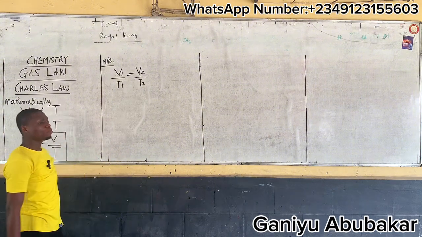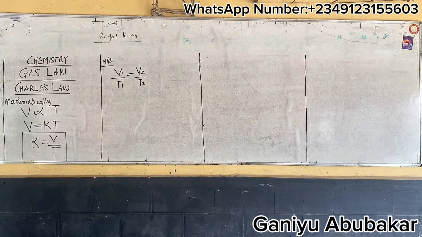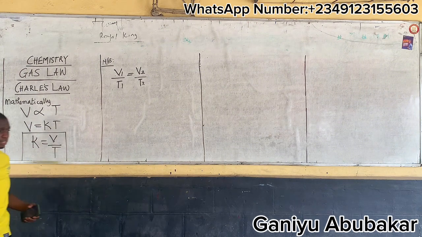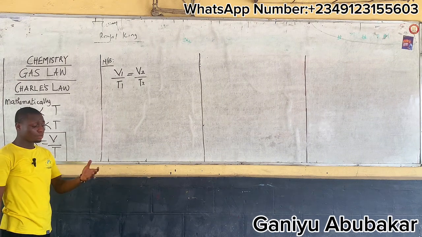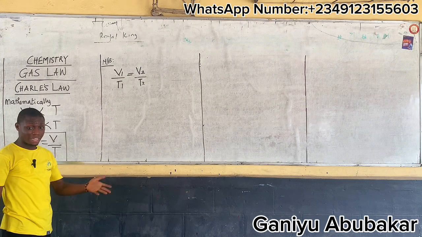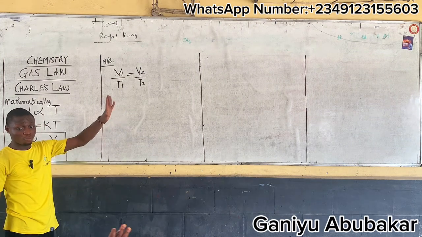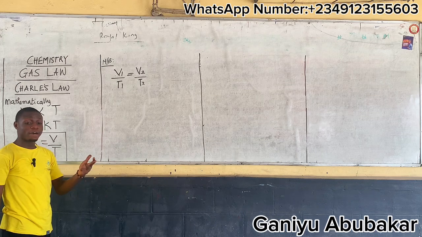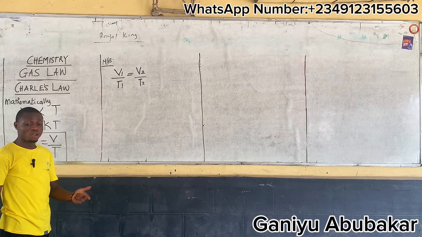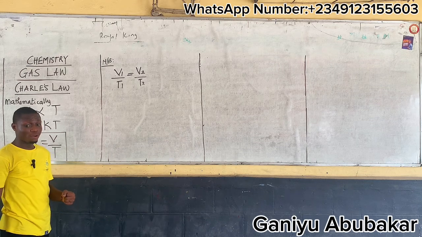When it comes to Boyle's law, we said volume can be expressed in separate units: centimeter cube, decimeter cube, liter, and milliliter. For pressure, we have Newton per meter squared, Pascal, bar, ATM, and mercury.